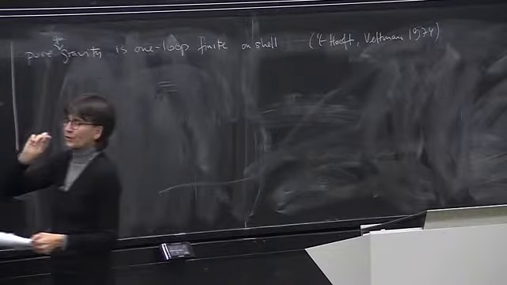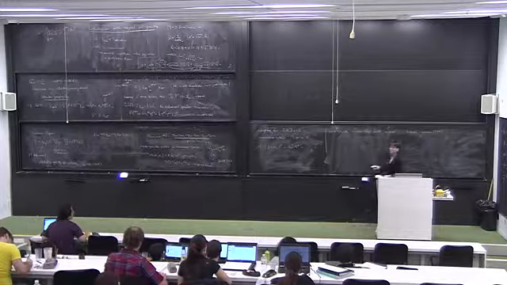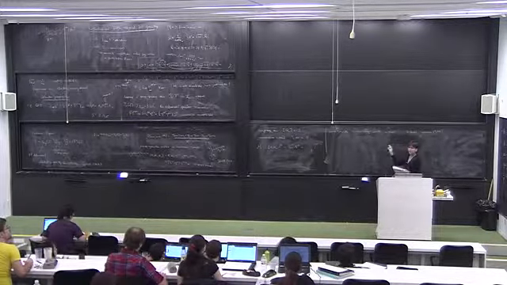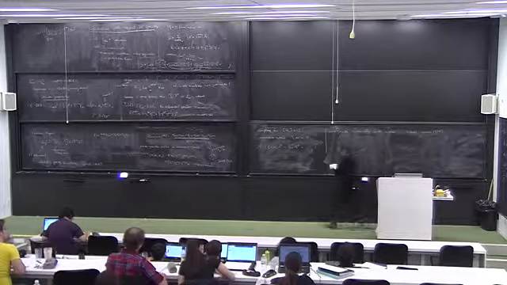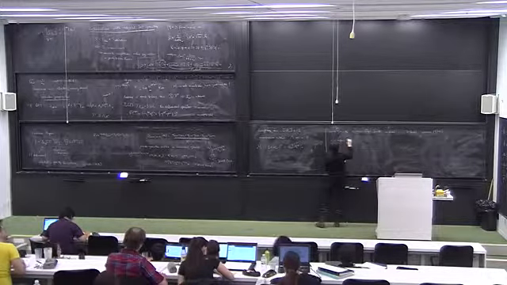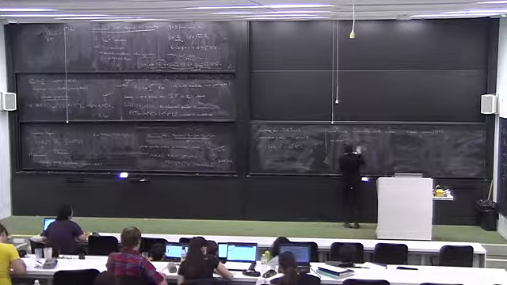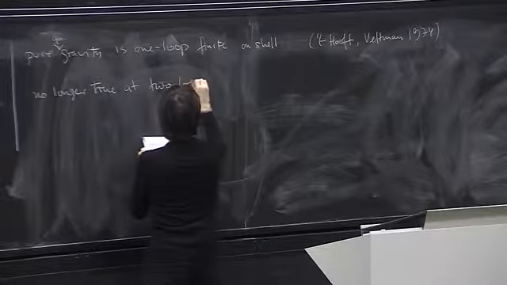Unfortunately, the miracle doesn't continue at the next order. So at 2-loop order, the relevant coefficients can be shown not to vanish. So this is no longer true at 2 loops for pure gravity.